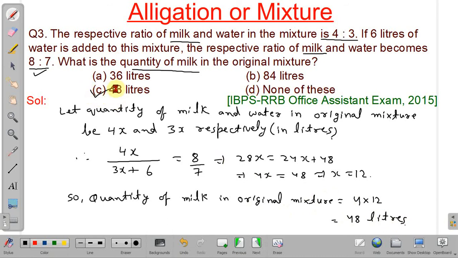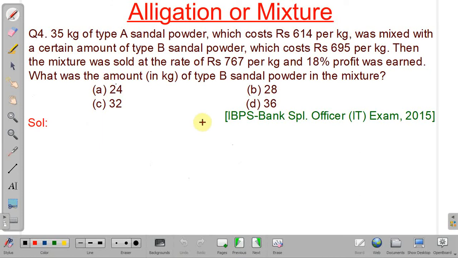We will discuss the next problem. So in this problem, what is given? 35 kg of type A sandal powder whose unit cost, that is per kg cost, is 614, is mixed with another type B sandal powder whose quantity is not given, and whose cost is given as 695 per kg.